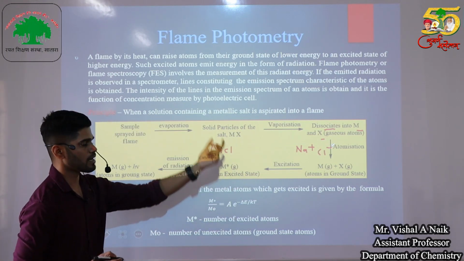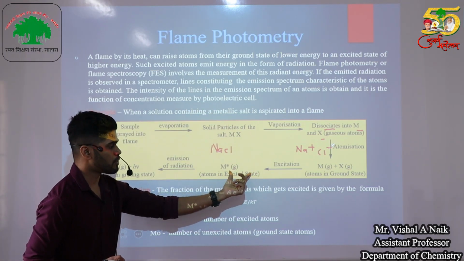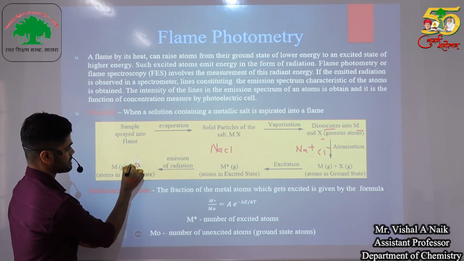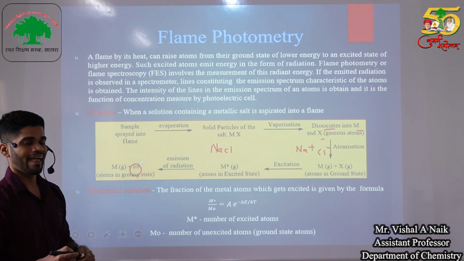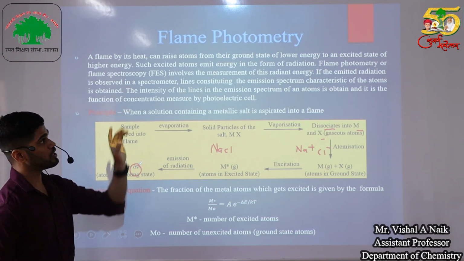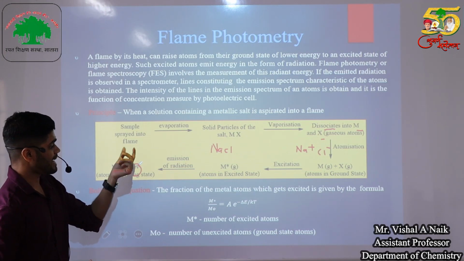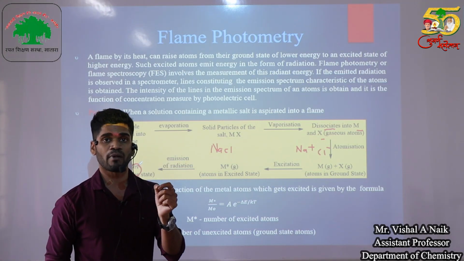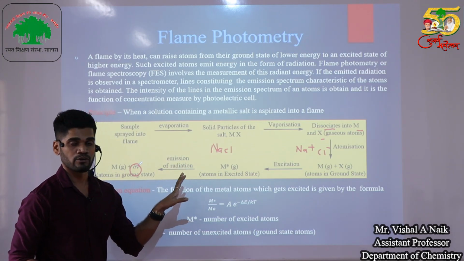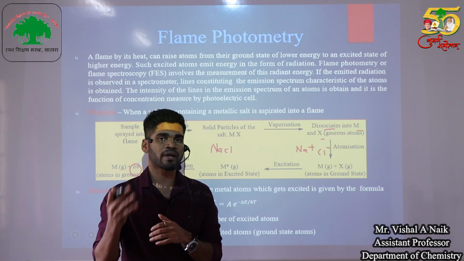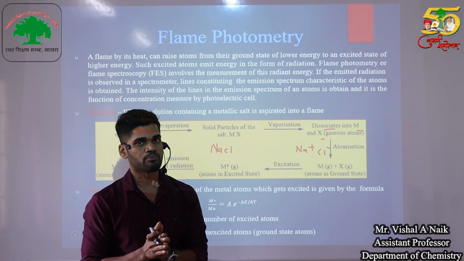After some time, that metal ion emits that energy, indicated in the form of hν, and the metal ion comes from the excited state back to the ground state. In the flame emission spectrometer, that energy is determined using this instrument, so we determine what amount of metal ion is present in the sample solution.